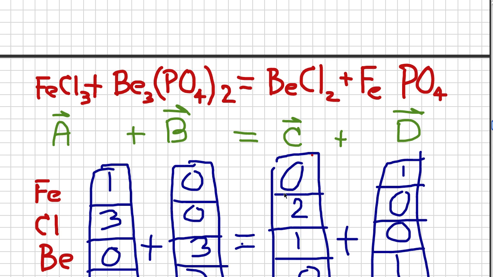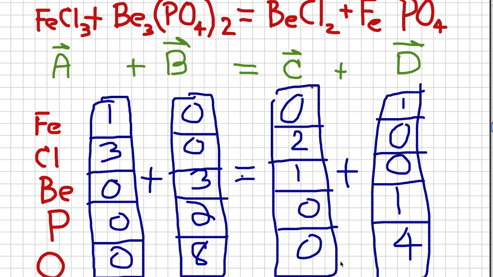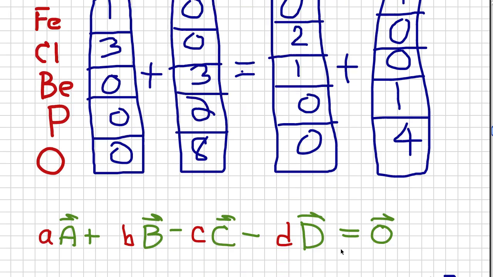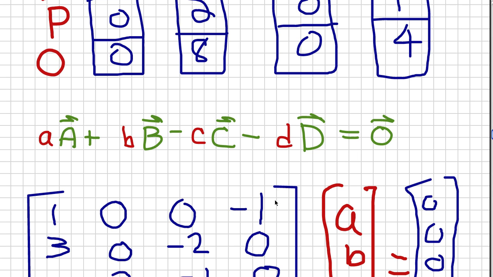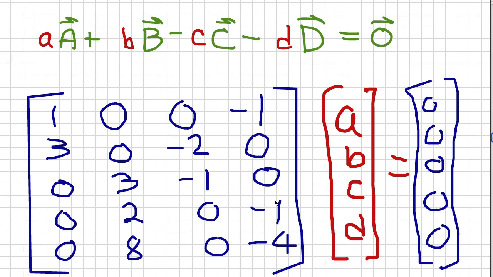And I take everything that appears over here and subtract it from both sides of the equation, so that I can write my chemical balancing equation in the form of this matrix equation right here. And the problem is to solve for the constants A, B, C, and D.